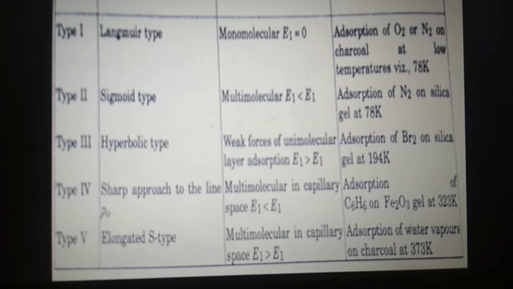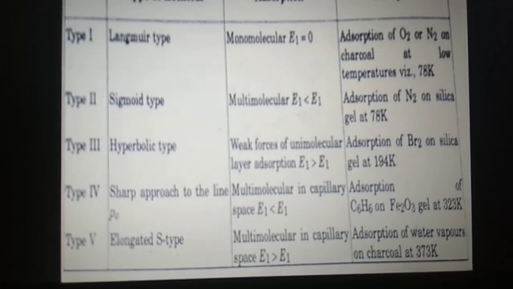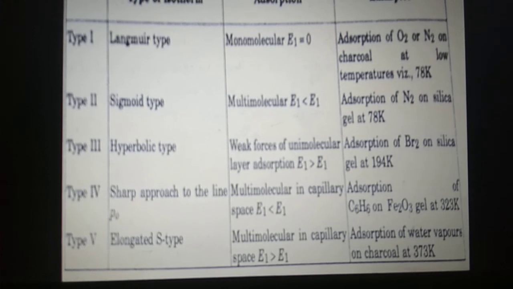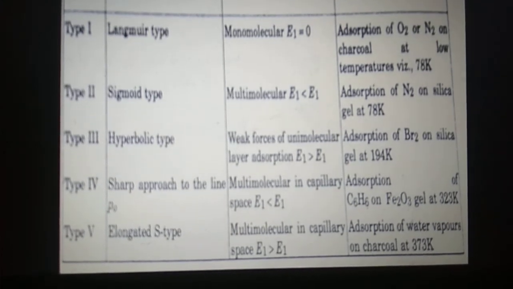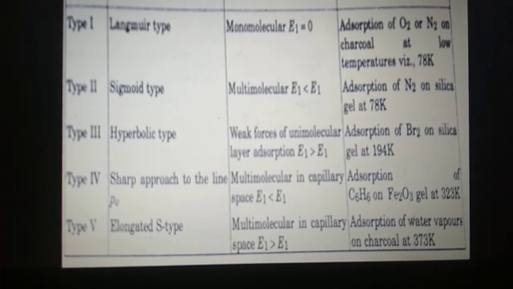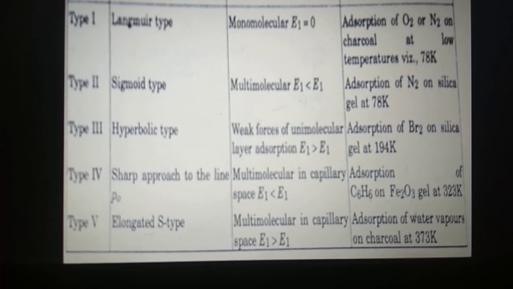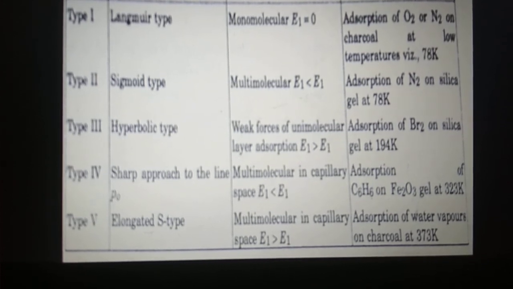And the fifth type of adsorption isotherm is an elongated S shape, multimolecular in capillary shape. E1 is greater than E2. Adsorption of water vapor on charcoal at 373 Kelvin.